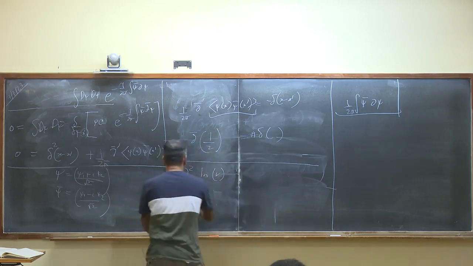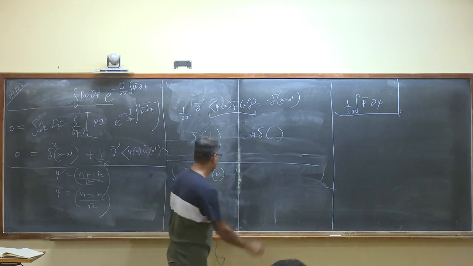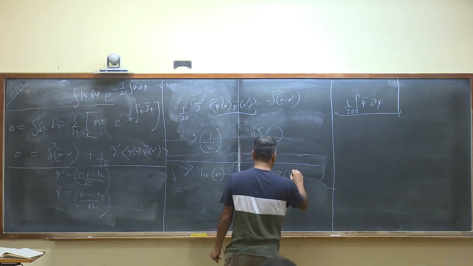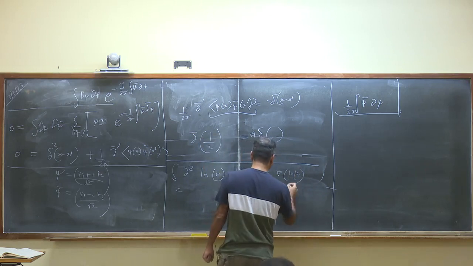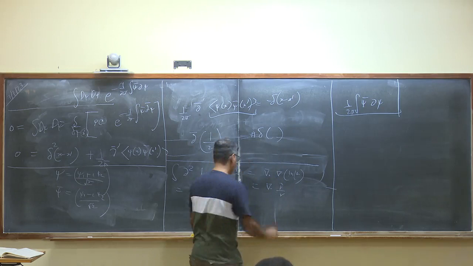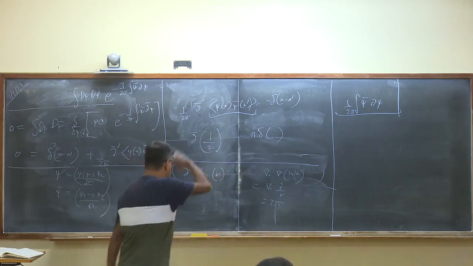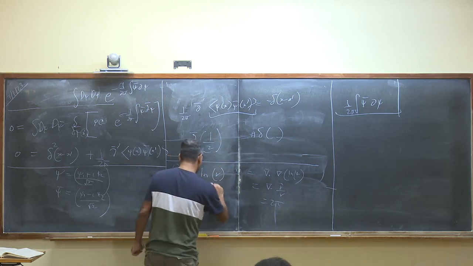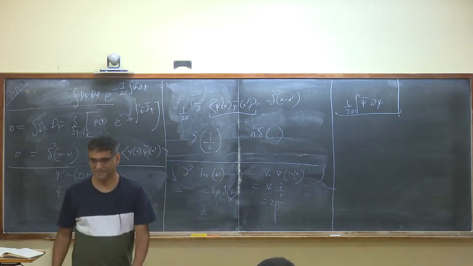Del squared of log r, suppose I take del squared log r and I integrate, this is equal to del of log r, which was equal to del dot r hat by r, which was equal to 2 pi. So this guy is equal to 2 pi delta of r, right?